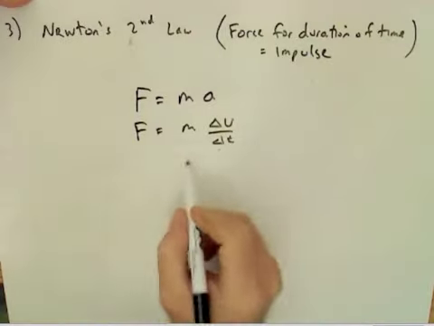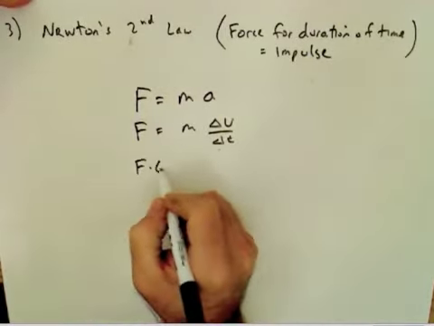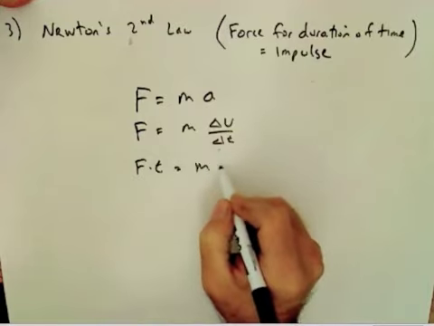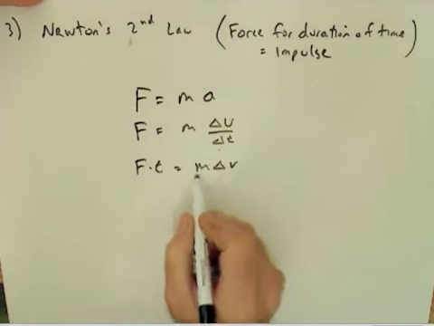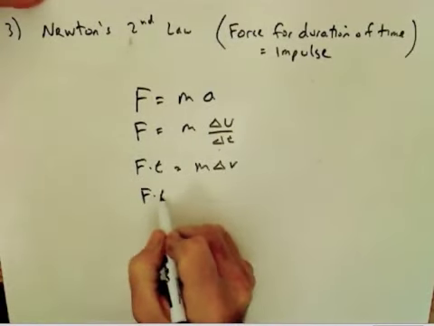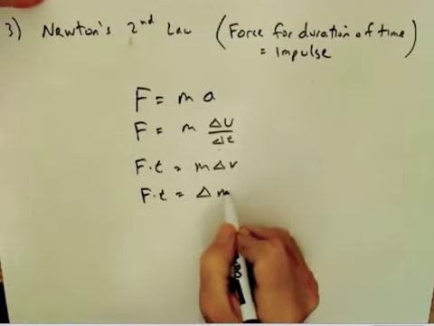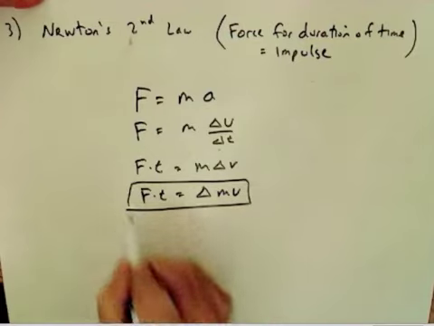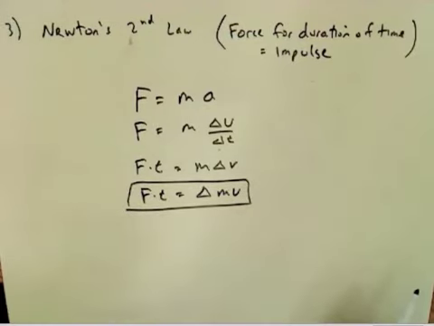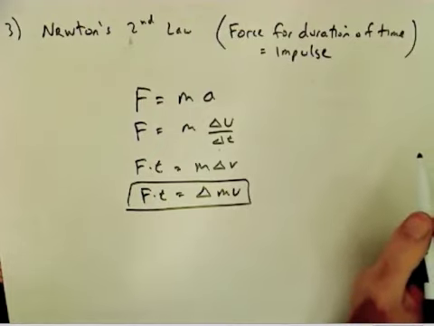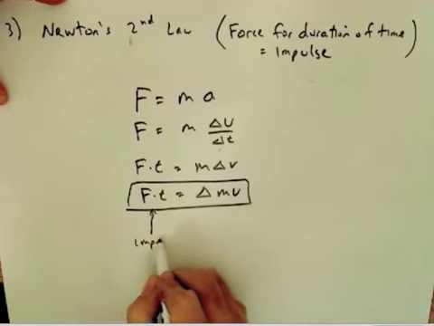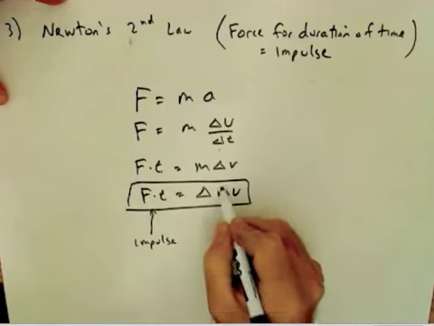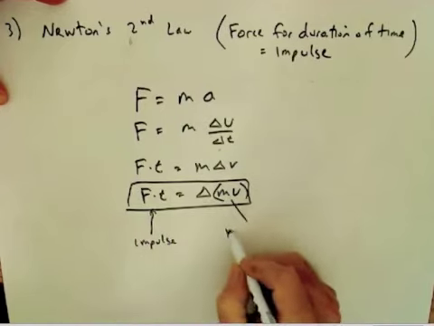If I multiply both sides by the time, I get force times the time equals mass times the change in velocity. Or I could put the change symbol out front and get that. This right here is how you figure out changes when the force only lasts for a length of time. In fact, Newton called this side an impulse, and he called the quantity mv together momentum.